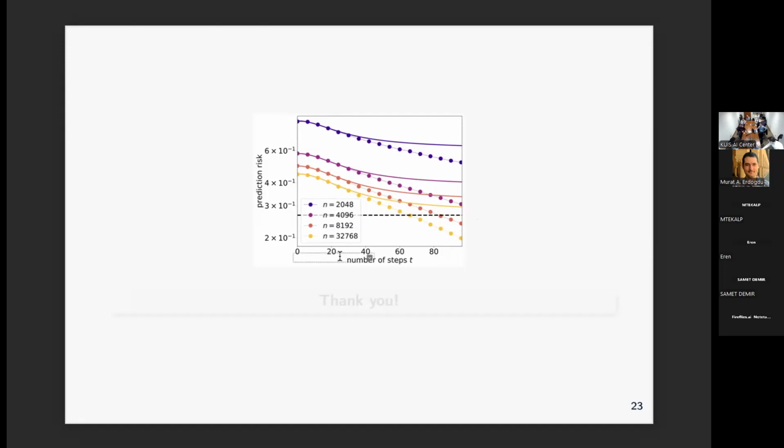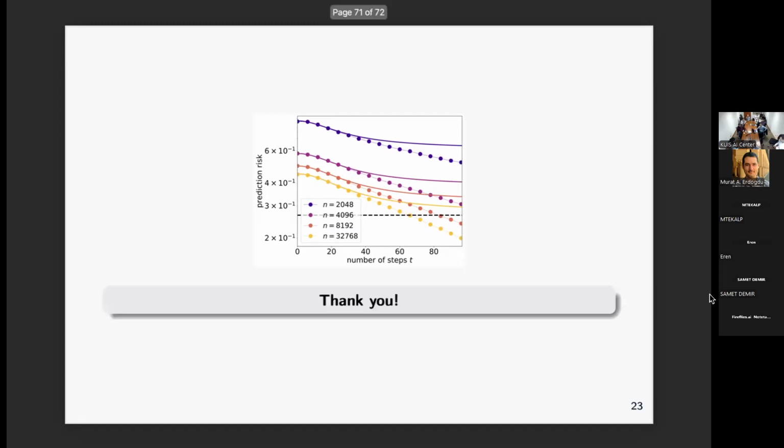But as you increase the number of iterations, the theory and the practice deviate, and actually you can go below the kernel lower bound, even with small learning rate. The effect of the number of iterations, the effect of optimization, is not represented in this talk or any of the works that I showed you today. I think that's an interesting direction to study. So with that, I'll thank you and conclude, and I'm happy to take questions.